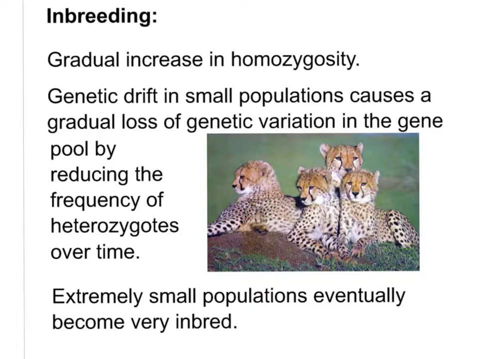So something to keep in mind is that genetic drift does not have a huge effect on large populations, but if we have really small populations, genetic drift causes a loss of the genetic variation in the overall gene pool because it reduces the frequency of the heterozygote genotypes.